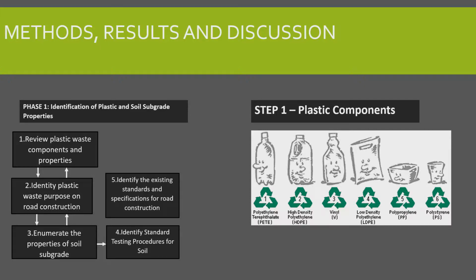So let us start at Phase 1, which is the identification of plastic and soil subgrade properties. Phase 1 generally is composed of 5 stages, with its first stage as review plastic waste components and properties. Based on the thorough review of the related literature, there are 6 types of plastic that are being used and utilized nowadays.